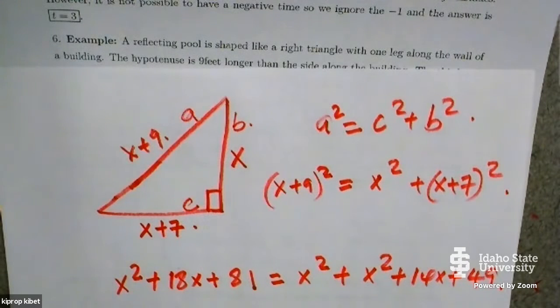Now from here, you collect the like terms. So x squared and x squared, so what will remain?